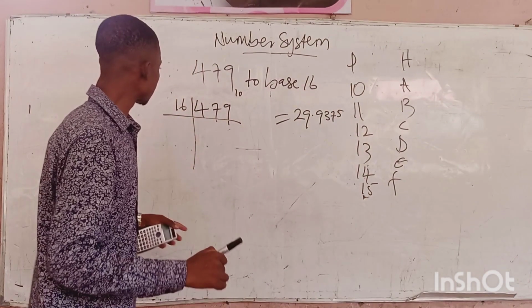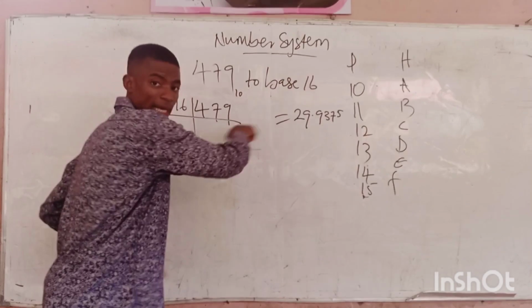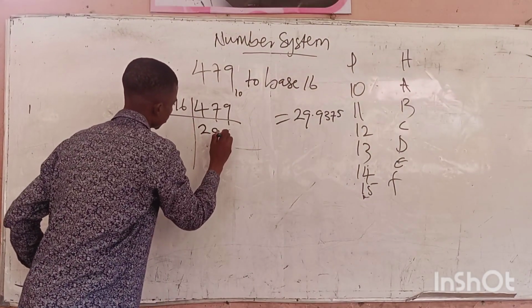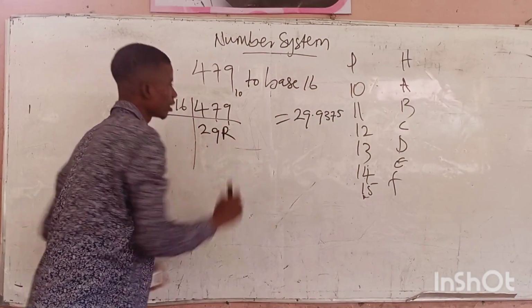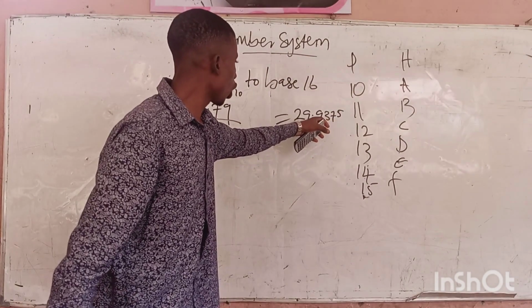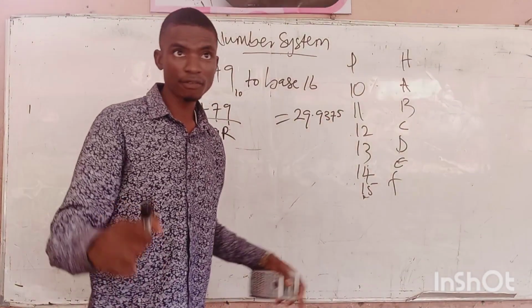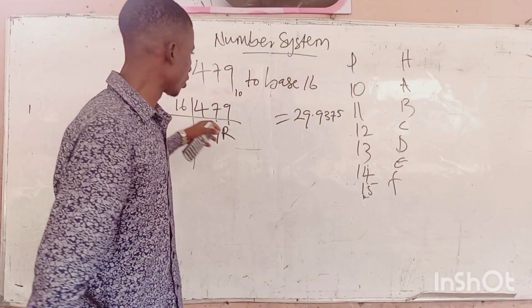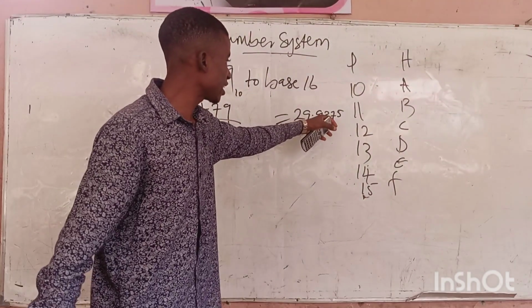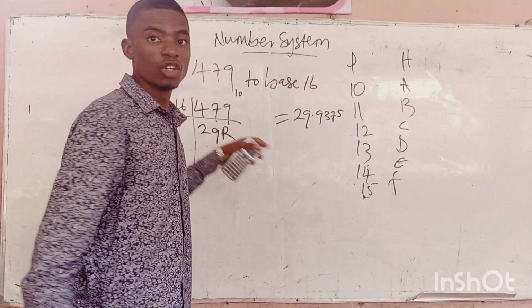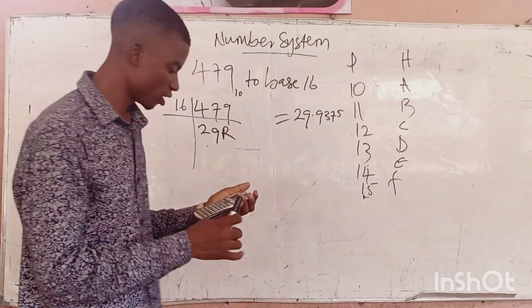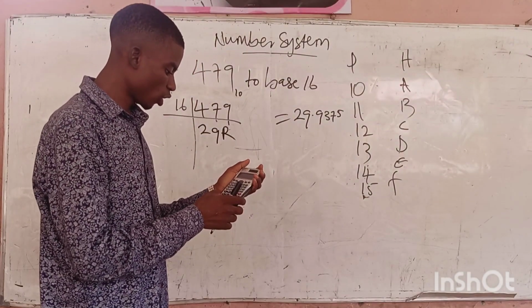So what it means is that, first of all, bring the 29 here. Then for the remainder, use 0.9375 times 16. When you do 0.9375 times 16, you are going to get the remainder here.